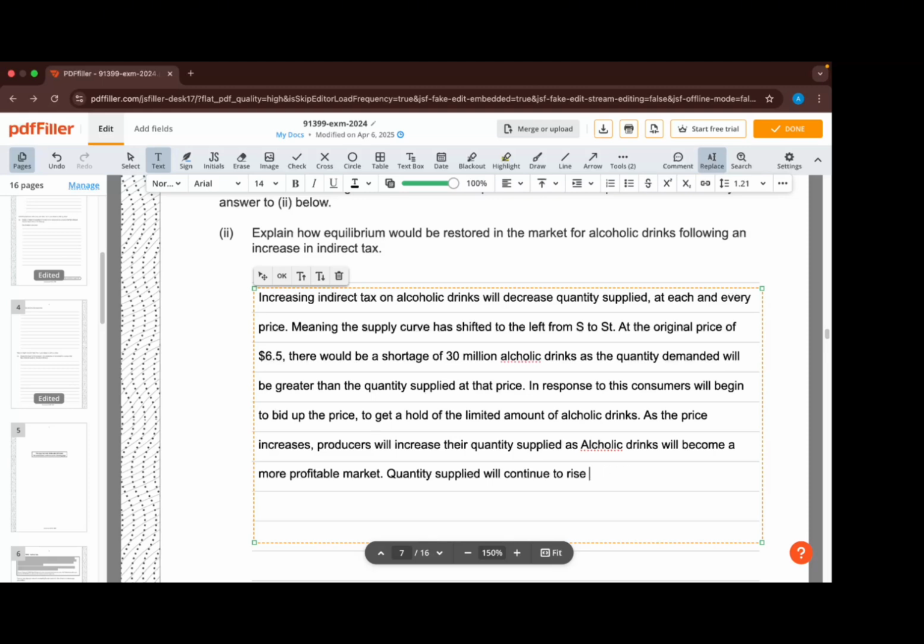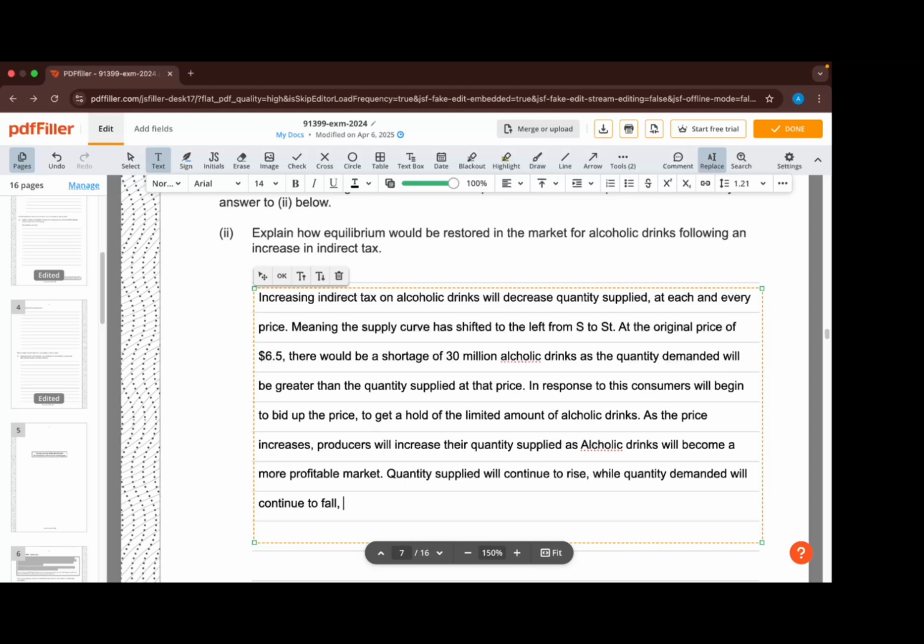If it does that, quantity demanded will start to decrease.